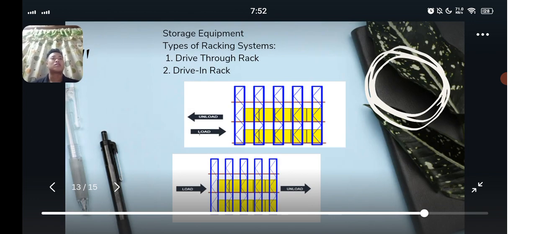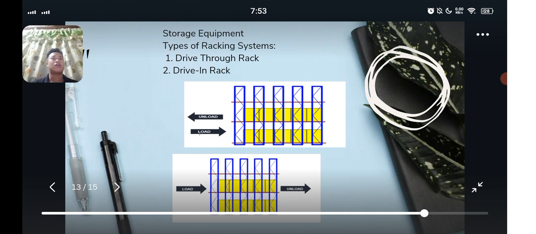storage equipment, types of racking systems. One is drive-through racks, two is drive-in racks. A drive-through rack is a racking system used for quickly transporting goods that are mass produced and built for first in, first out, which is FIFO, inventory management.